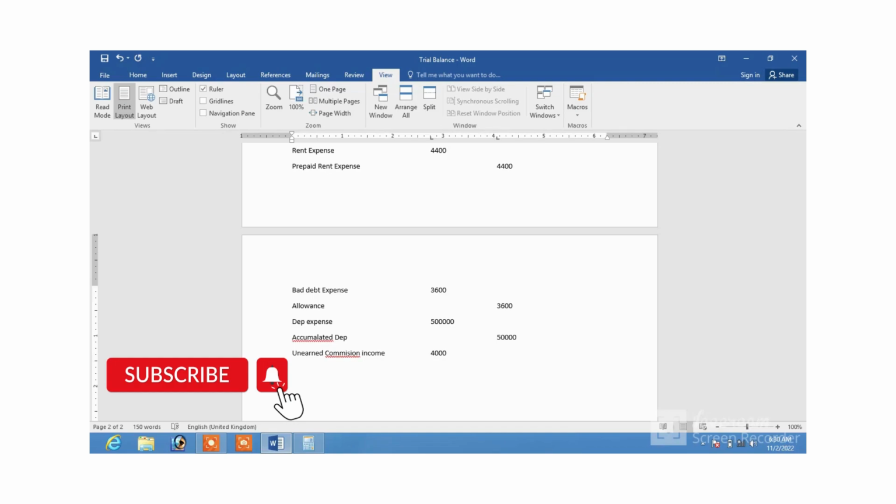And what should be credited? Guess what? The credited should be commission income, because we are now earning the commission. Previously we didn't give any service, so now we have performed the services. So the services revenue would be 4,000.